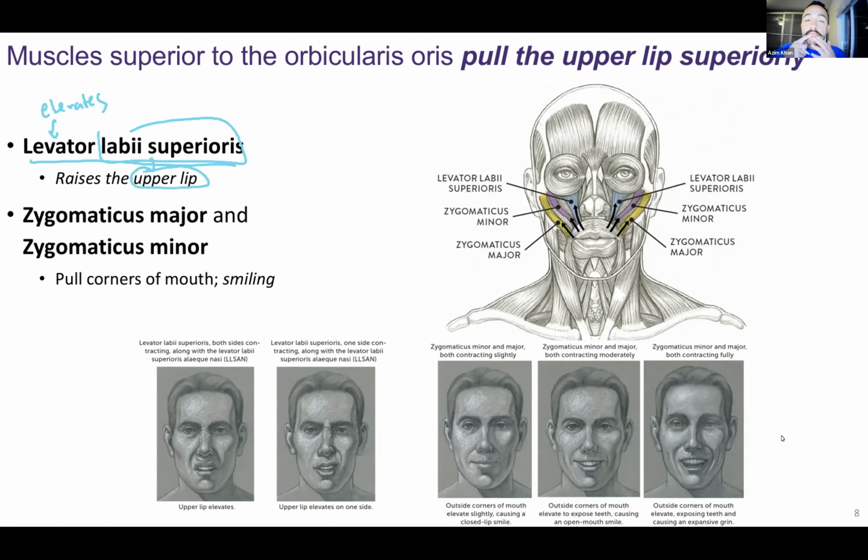So watch my teeth: my bottom teeth aren't showing, but my top teeth are. To do that, I need to use this muscle to pull up. Look at how it originates around where the eye is. Here's the origin, the insertions of the lip. So in a face like this, you'd have to use your Levator Labii Superioris.